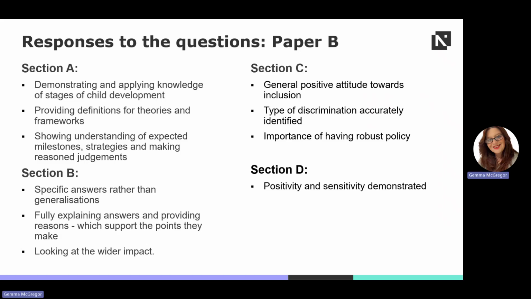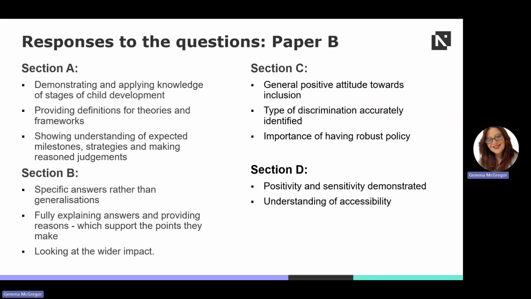Lastly, moving on to section D, special educational needs and disability and English as an additional language. The Chief Examiner felt that students generally demonstrated sensitivity in this section and had an awareness of differing needs and the importance of ensuring that suitable resources and strategies are put in place for all those with additional needs or an additional language.